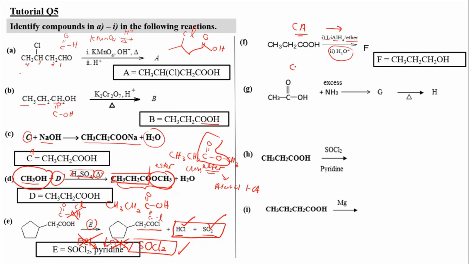So C double bond O, OH here, the oxygen is going to be removed and replaced with 2 hydrogens. The rest will just follow. So these are the structures here.